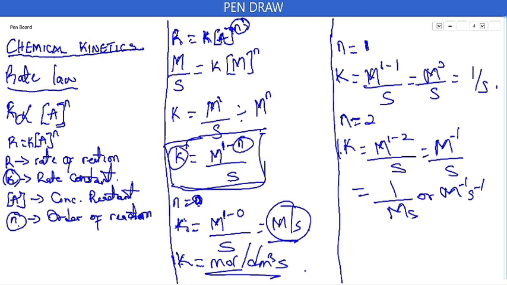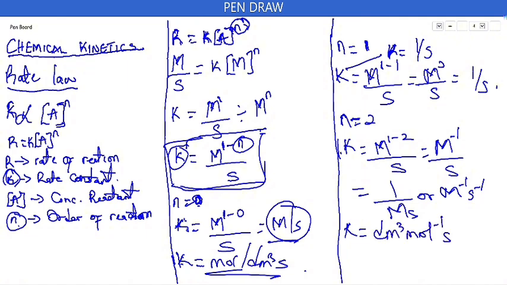For first order, my K is still per second, since it does not depend on the concentration. And for second order, my K will be equal to dm cube per mole per second. So these are the SI units for K. You should check them out.